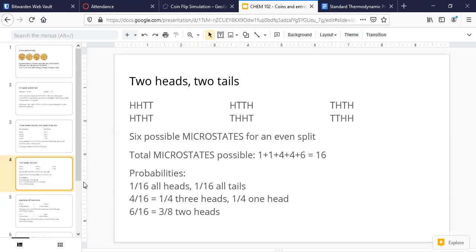So for this even split, I have 6 possible microstates. And add those to the 10 I had before, that gets me 16 total microstates possible for this system.